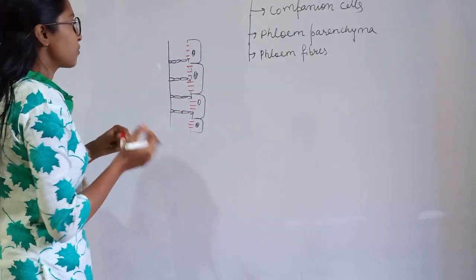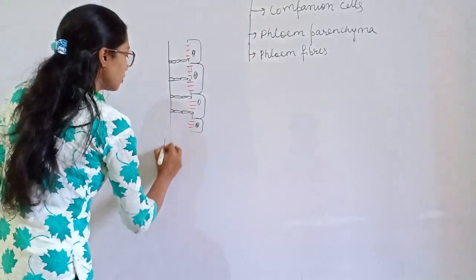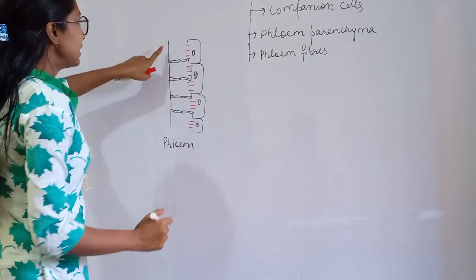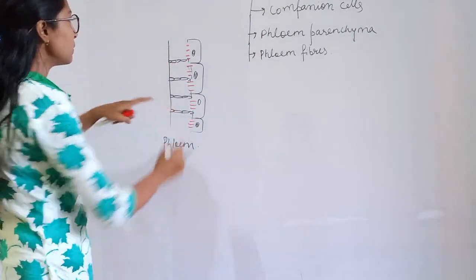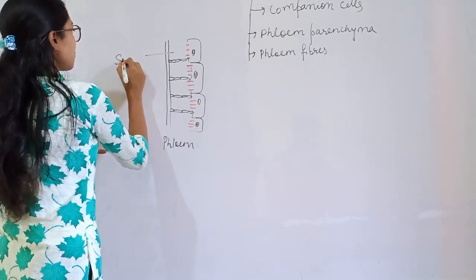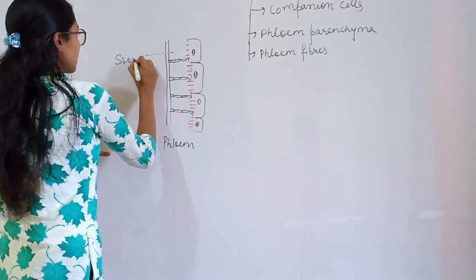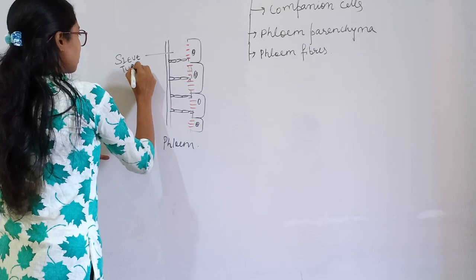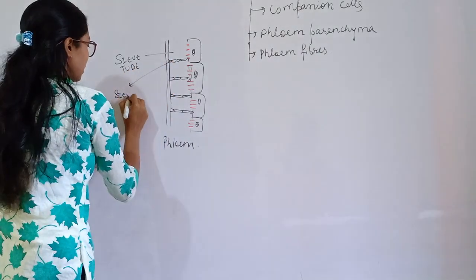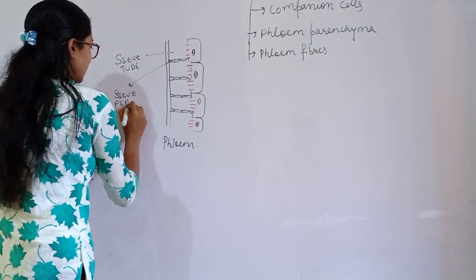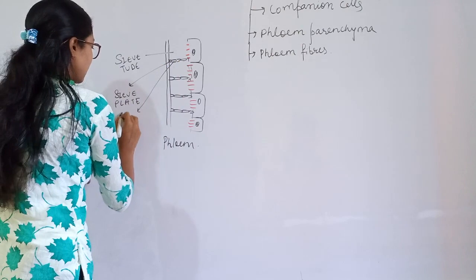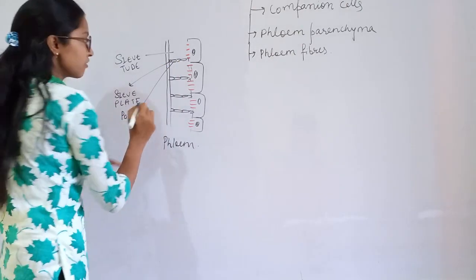So this is how, if you see minutely the structure, it would look like this, that is phloem. Now these are the sieve tubes. These are the sieve tube members, we can say, or sieve tube. This is the sieve plate. These are the pores, or we can say the pits, present in the sieve plates.